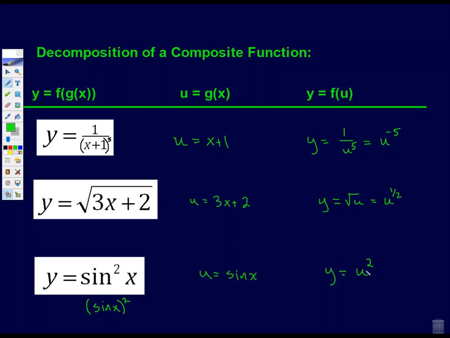And this one already is u to the power. So the derivatives of the three expressions on the right would all involve the power rule. Okay, this is very important as we work through today applying the derivatives of the expressions on the left. It's very important that you be able to decompose them in this way.